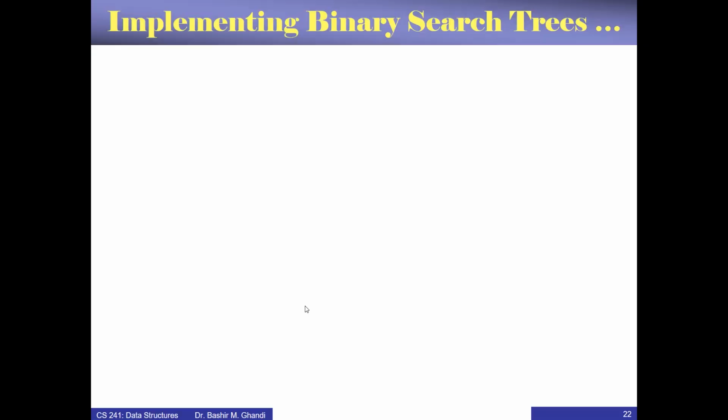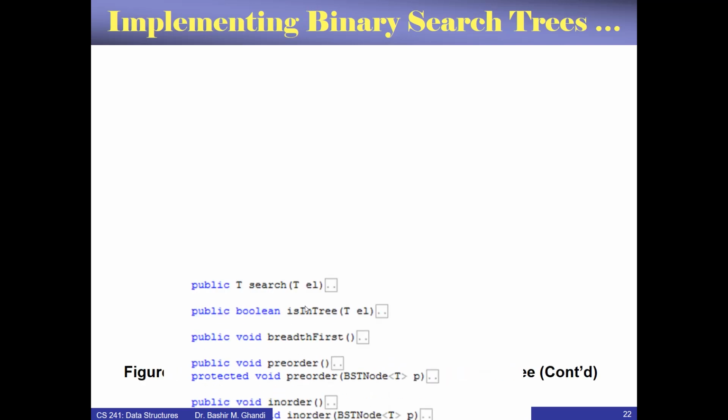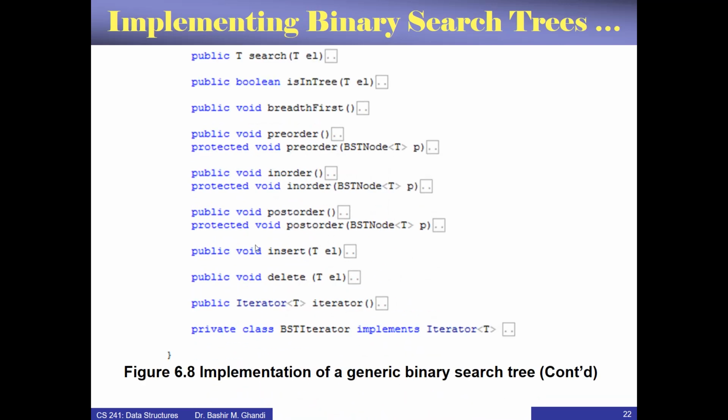For the rest of the methods, I will just give you the heading here. But as I said, before we look at each of them in detail, we will first learn how to do the operation manually with examples, and then we look at the code. So these are the methods we expect to see in the BST class.